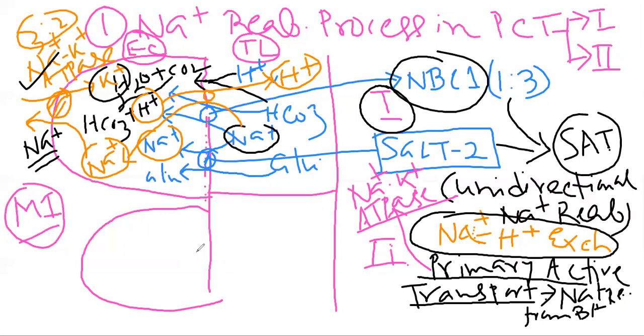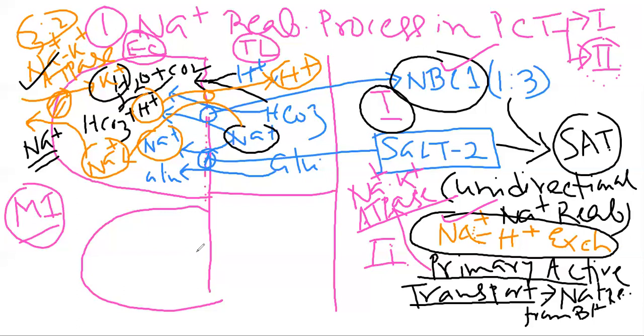That means if there is no ATP or less ATP present inside the cell, it can hamper the sodium ion reabsorption process. Second thing is, in the second part of the PCT, what will happen? In the second part of the PCT, both this sodium bicarbonate co-transporter mechanism as well as the sodium hydrogen ion exchanger mechanism will operate.